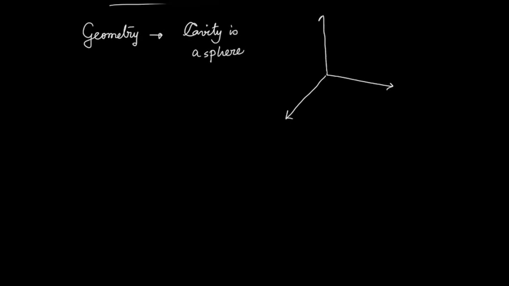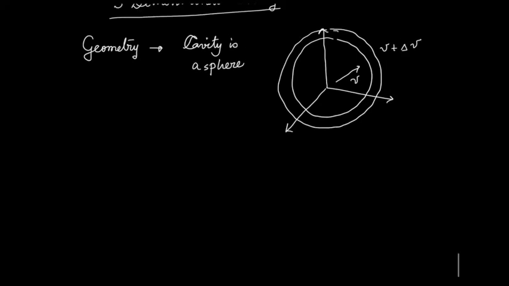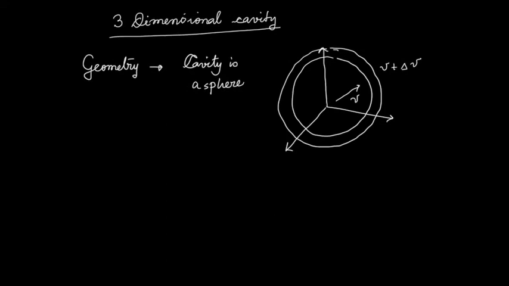So here it is more like, I think of one sphere of radius nu and the other sphere with radius nu plus delta nu, and I ask the question, how many number of waves will fit in these two spheres?